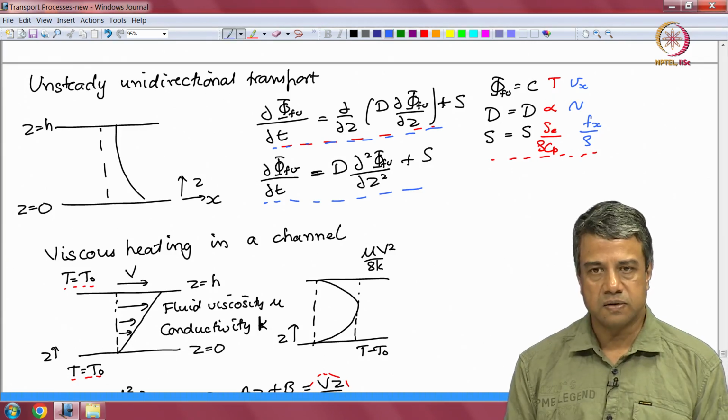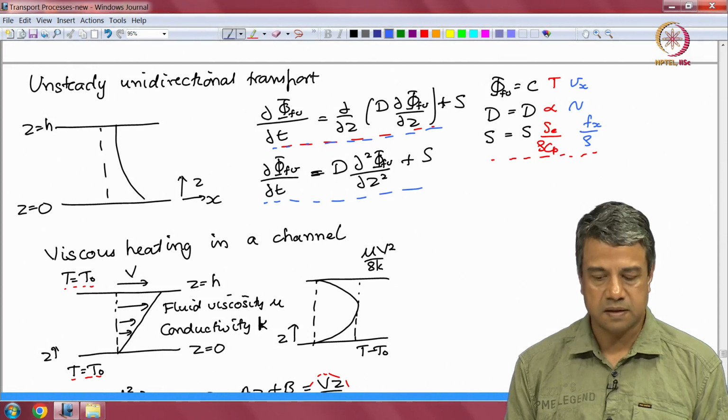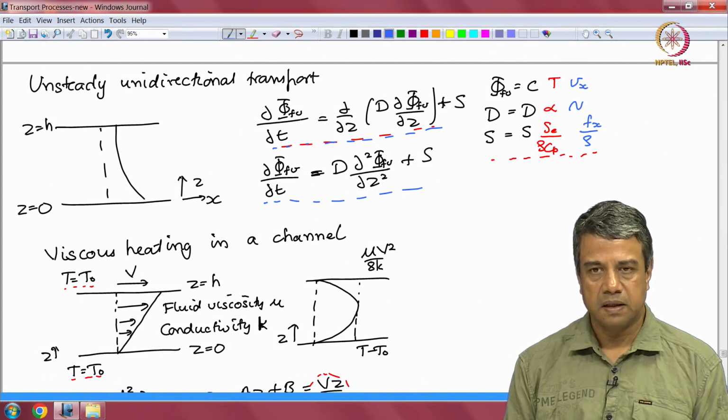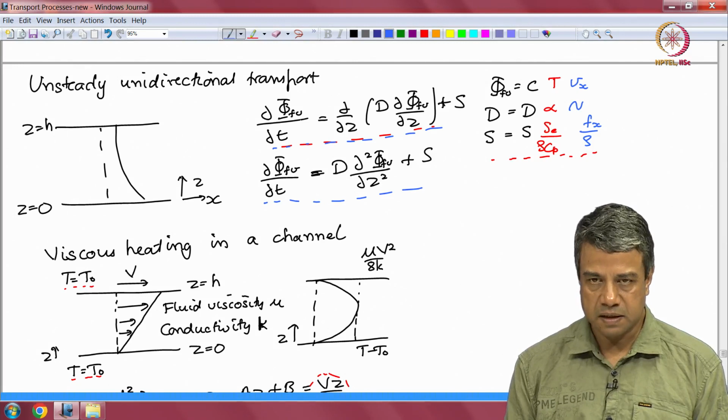If there is no source and diffusivity is a constant, the flux is a linear function.